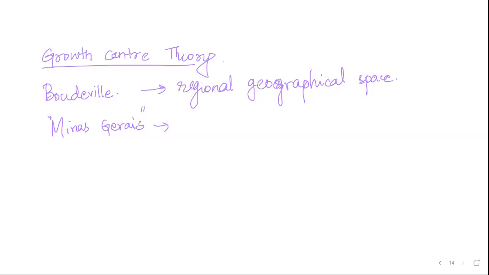What kind of activities can they undertake? Now they can undertake both secondary functions as well as tertiary functions. This is also another important point. They can undertake manufacturing of goods. They can also undertake tertiary service sectors.